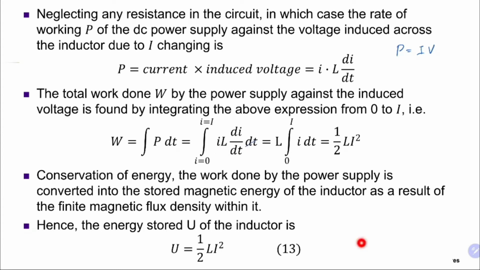So dt and dt cancel out, and L is a constant, so we take it out of the integral from 0 to I, L I di. Sorry, it's not dt, it's di. Integrating I di gives I squared over 2, over the limits 0 to I.